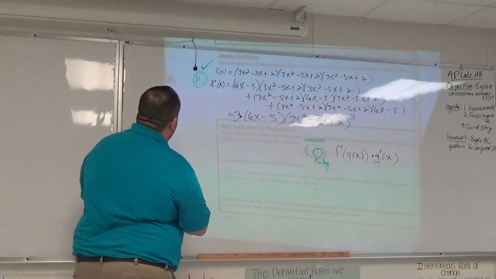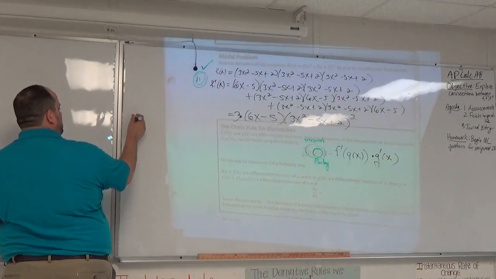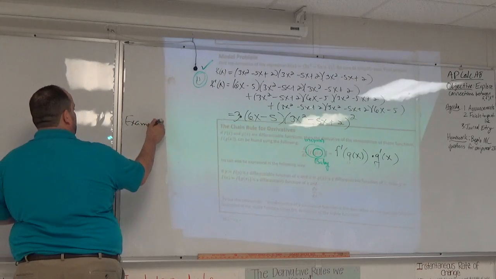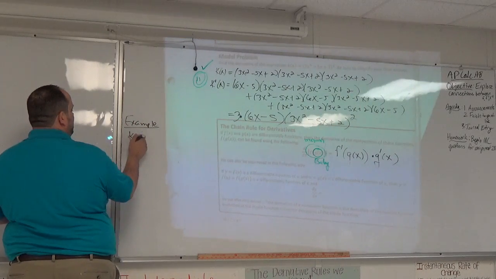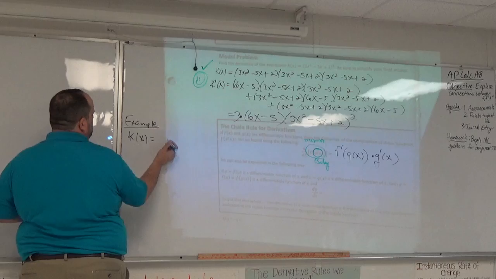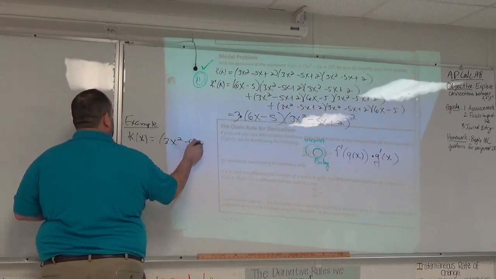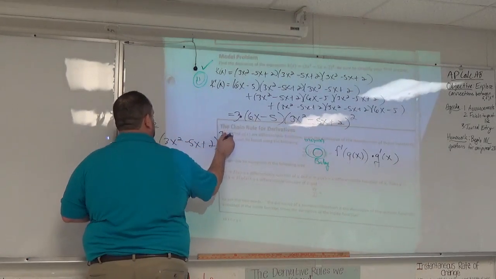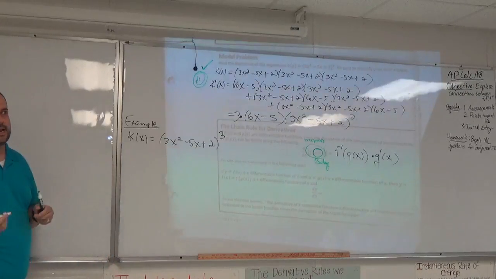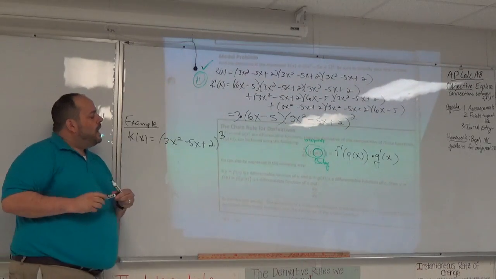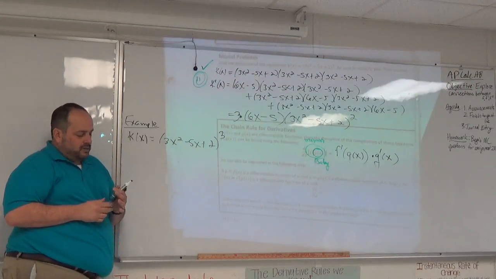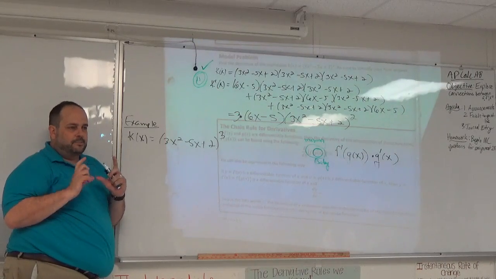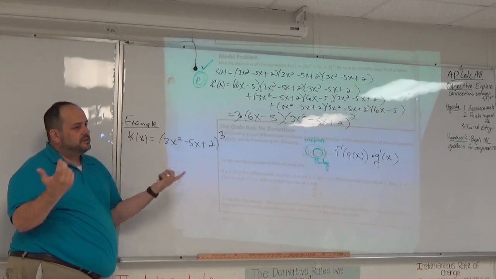So like for a little example that we're gonna put over here on the side. Let's say I've got some function, let's call it k of x, and I've got 3x squared minus 5x plus 2, the whole thing cubed. Just some random example that I made off the top of my head. Is there an inside function and is there an outside function?